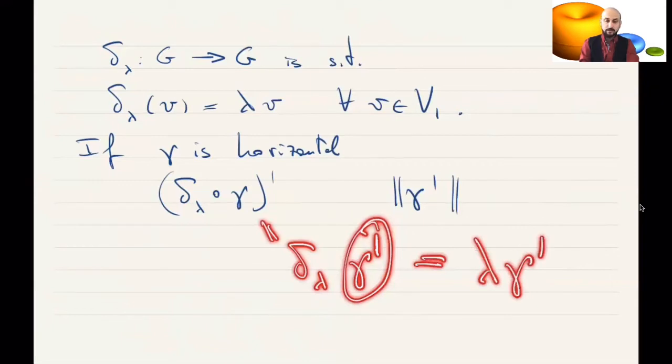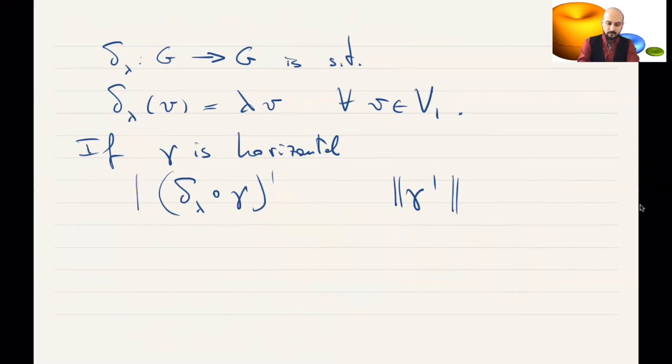But this is an element of V1, so this is equal to lambda gamma prime, when you bring everything back at the origin. Okay, so when you take the norms, you exactly have that the derivative is stretched by lambda, and therefore when you calculate the integral of this quantity, you get lambda times the integral of the length of the initial curve.